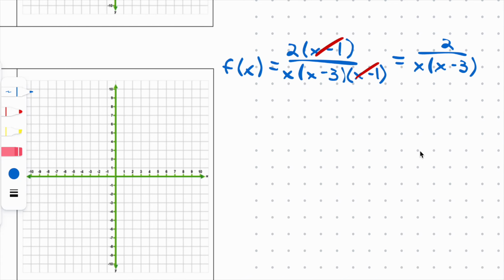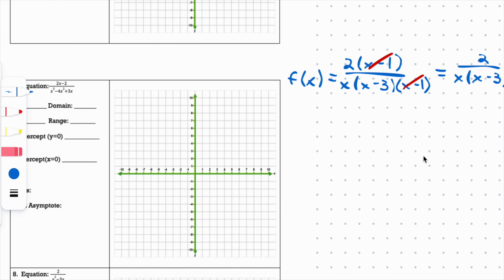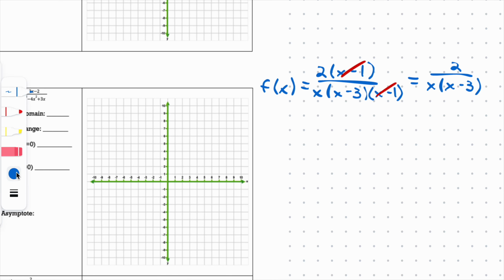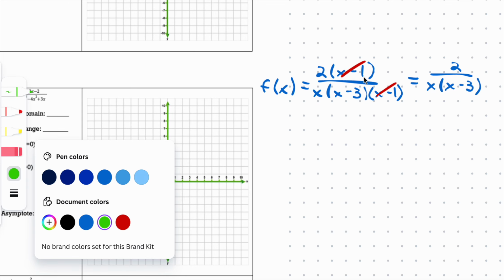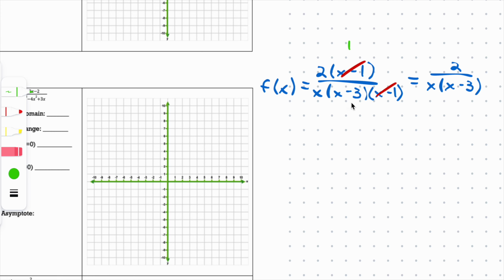Perfect. Now, let's graph this hole the same way we did above. What value of x are we missing because of this hole? 1, right?